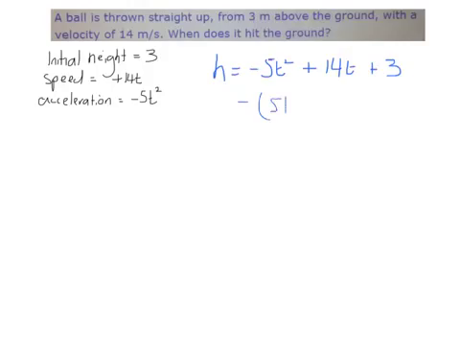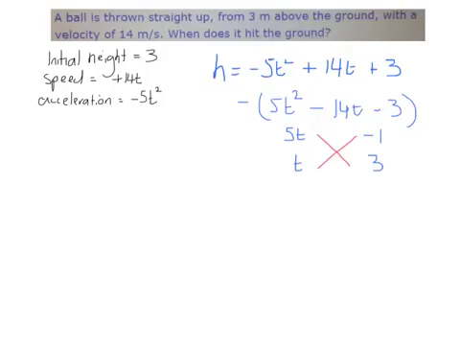Okay, let's factorize this quadratic equation. The first thing I want to do is take my negative out so that my first term is positive. And that way, if I multiply everything through by negative 1, I get 5t squared minus 14t minus 3. And that gives me a nice first term to work with as a positive number.